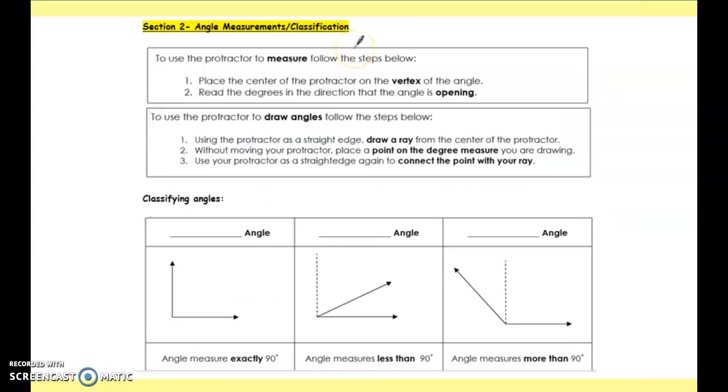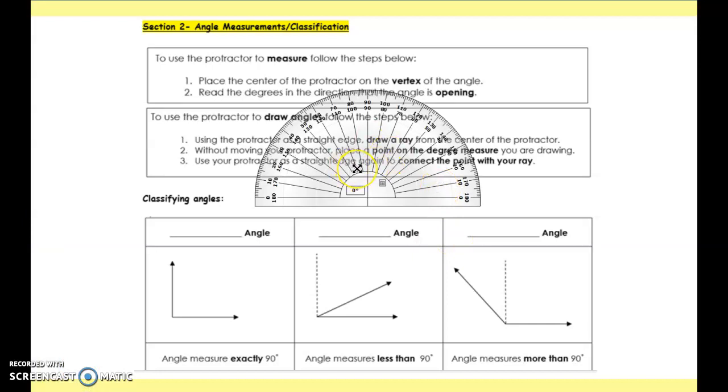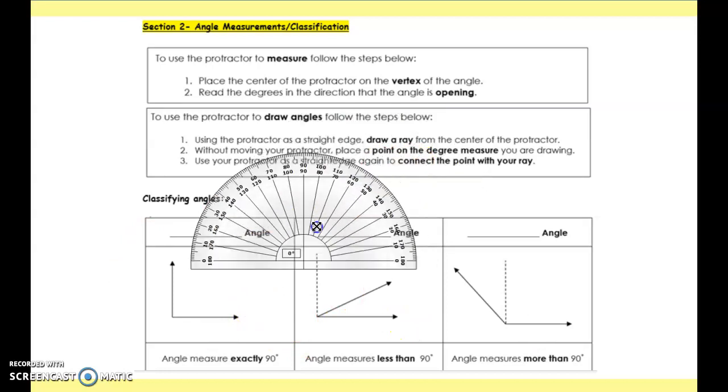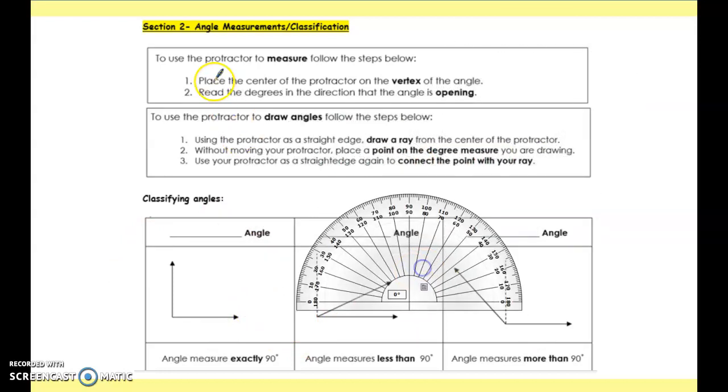All right, so the next section, we learned how to measure angles and we learned how to draw angles. So, a quick recap, I'm going to go ahead and grab my protractor. I don't have another measure-an-angle example besides on the next section, so I'm just going to show you how to use the protractor. So the directions are here.